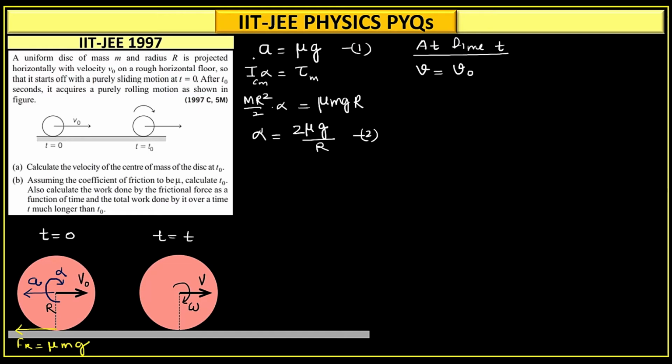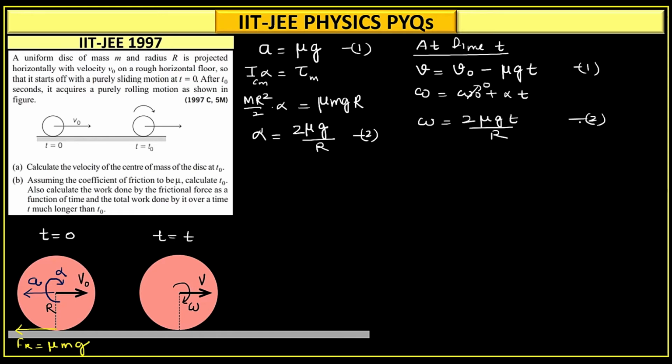Acceleration is actually minus a because it is retardation, so in place of acceleration I write minus mu g, and t. So this is the velocity at time t. For the angular velocity, I am using omega is equal to omega naught plus alpha t. Initial angular velocity was 0, and alpha we have just got, so omega will become 2 mu g t by r.